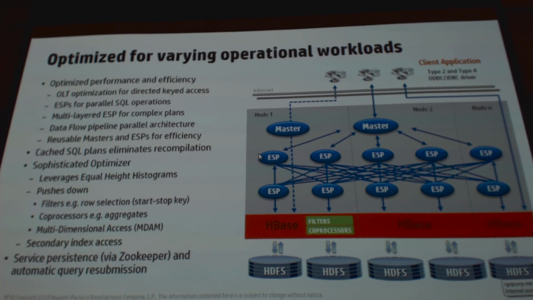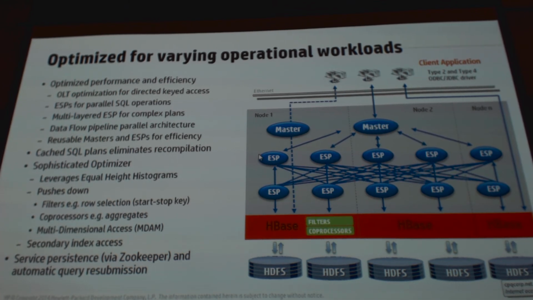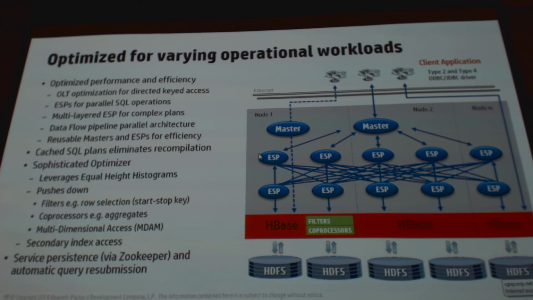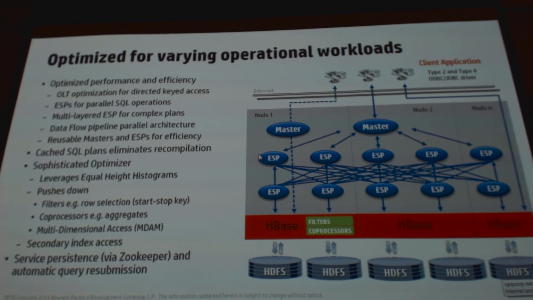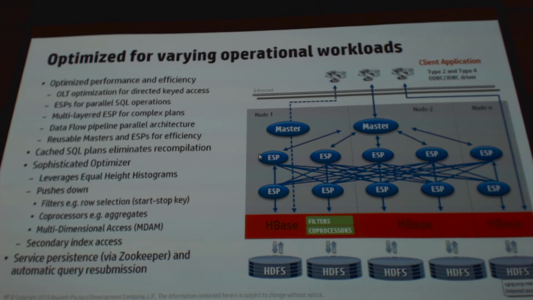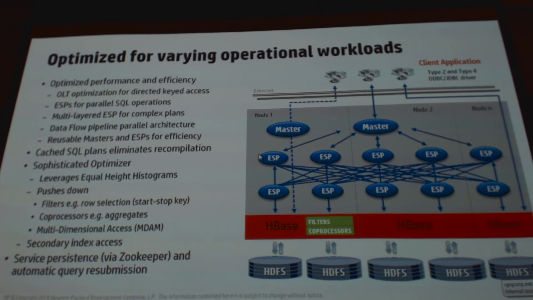Now we push down. The key part of an optimizer is to figure out how to push down everything to the lowest possible point so that I'm not getting a lot of messages back and processing things at a higher layer, right? Because you want to reduce the number of messages. So what we do is push down filtering as much as possible and use that with HBase, and we also push down pre-aggregation and things of that kind so that you're doing a lot of the work down in HBase.